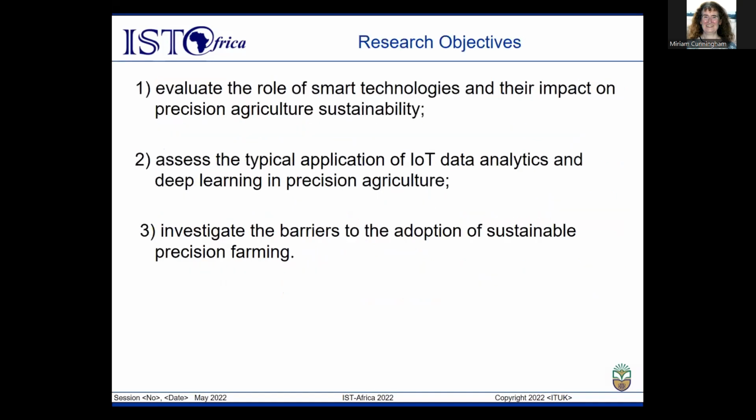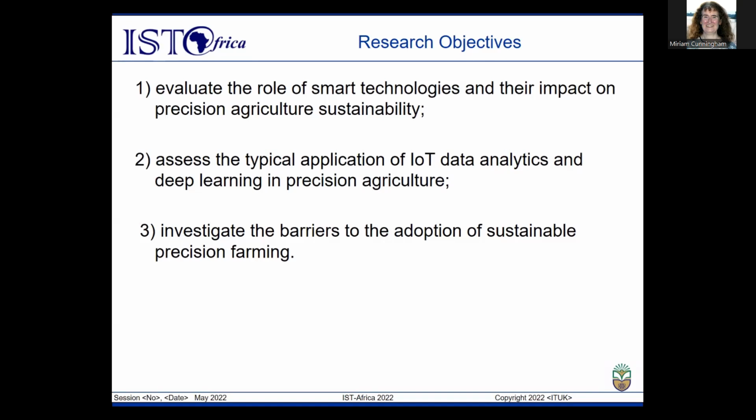The research objectives. The following research objectives guided our study. First is to assess the role of smart technologies and their impact on the sustainability of precision agriculture. Secondly is to assess the applications of IoT, data analytics and deep learning in precision agriculture.